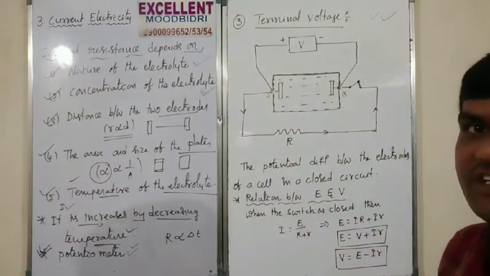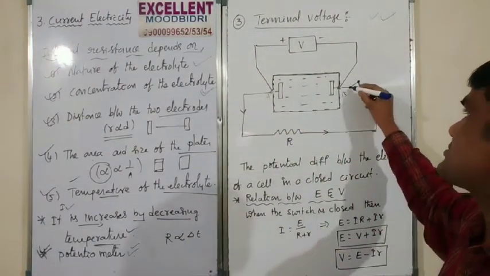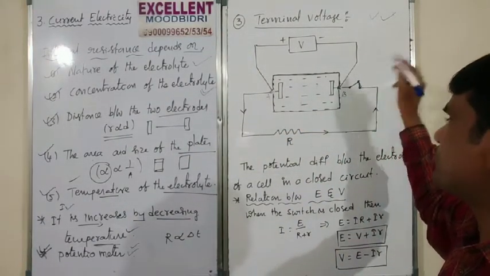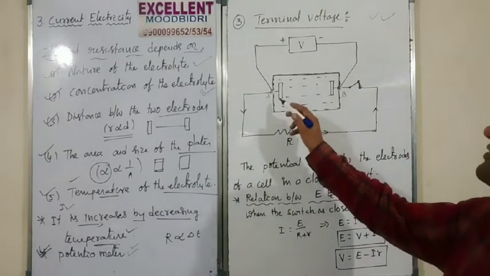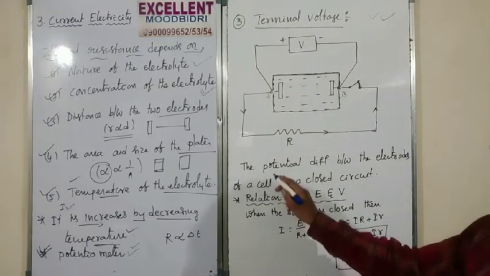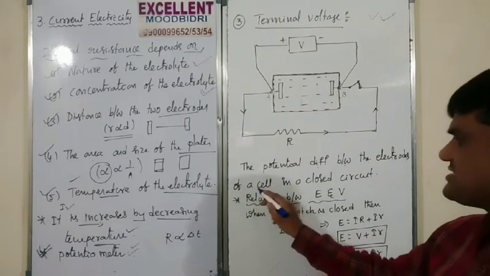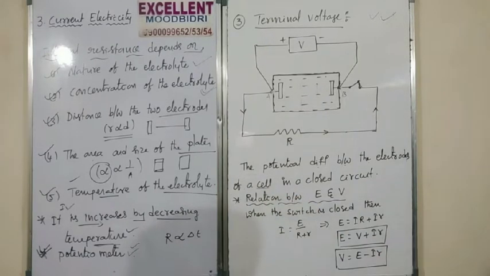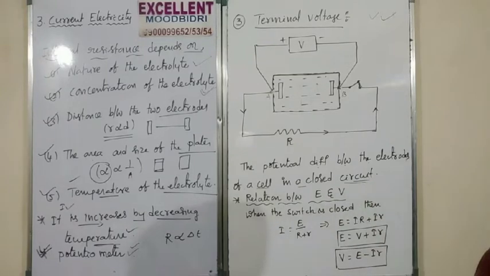The potential difference between A and B when the circuit is closed. When the circuit is closed, the potential difference between two electrodes is known as terminal voltage. The potential difference between the electrodes of a cell in a closed circuit.